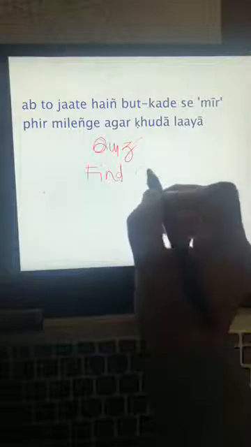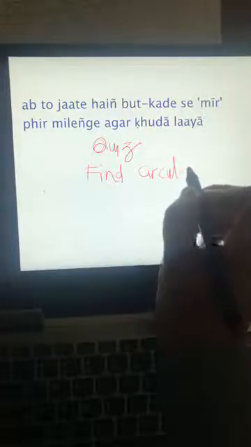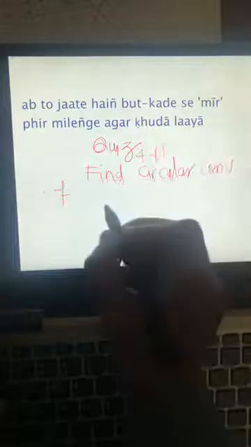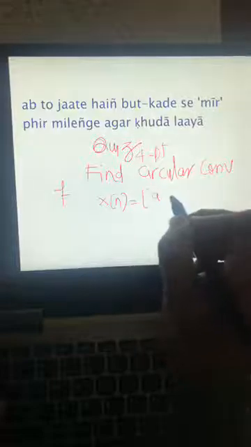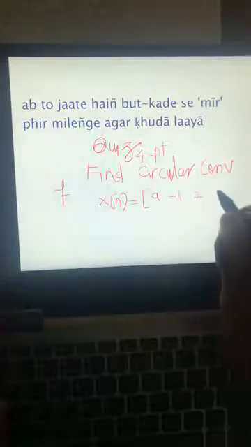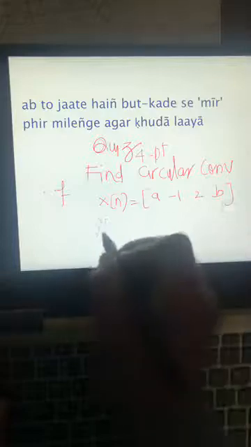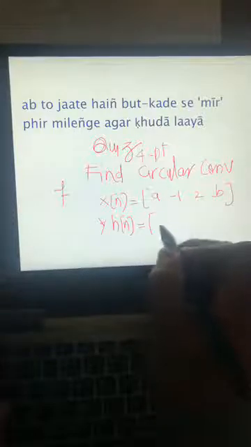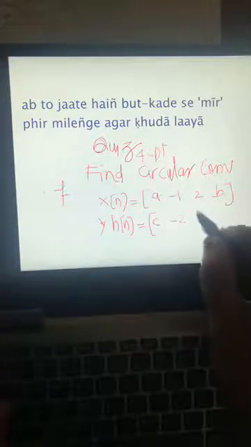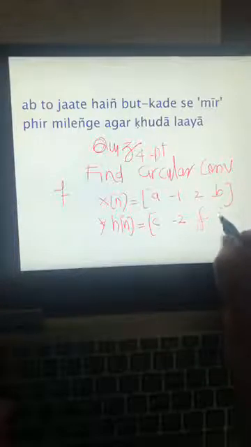Okay, simple quiz. Find the 4-point circular convolution of x(n), which is a minus 1 to b, and h(n), which is c minus 2 f5.